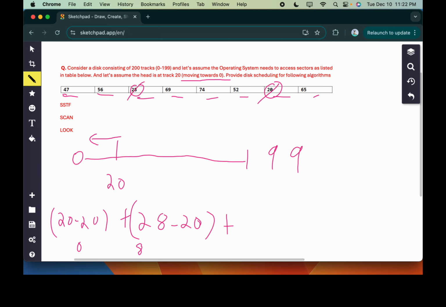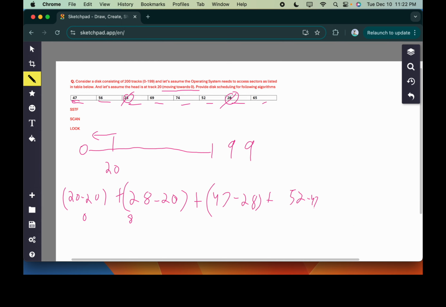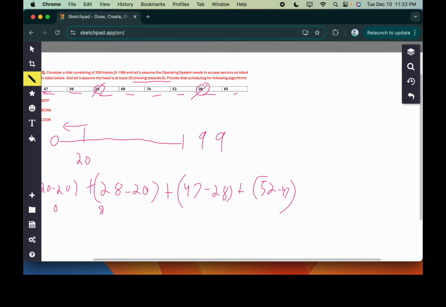Then we'll be moving in the other direction, so 47 minus 28, plus 52 minus 47, that's the next one, plus 56 minus 52, plus 65 minus 56, and 69 minus 65.